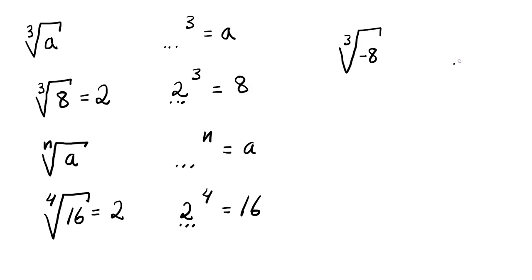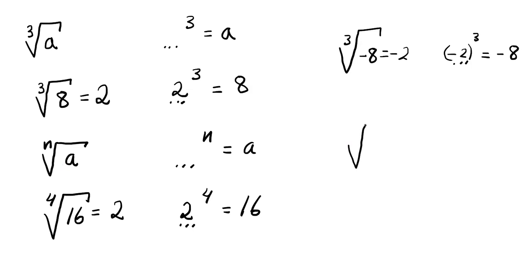This works because this means the number you should raise to the power 3 to get minus 8, and then it works to have minus 2 here. So whenever you have an even number n, it's not defined for a negative number a. But when n is odd, it's defined for negative a.